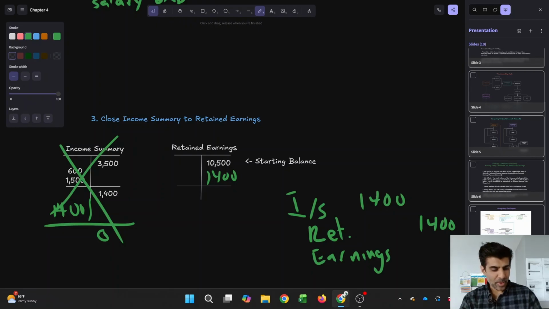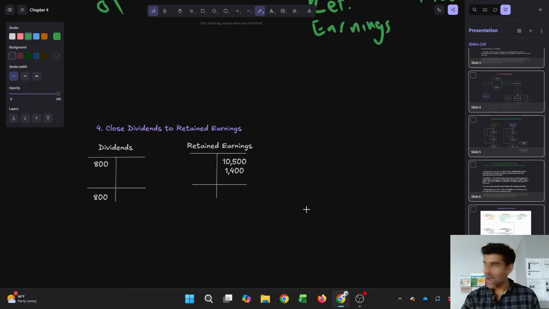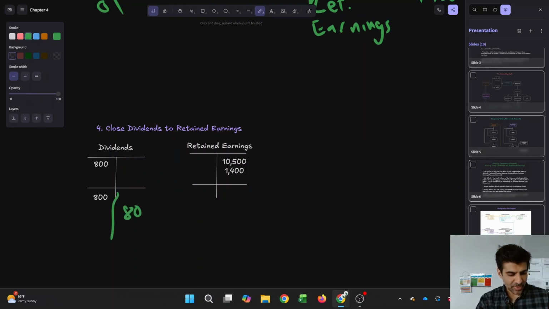So what is my balance now for retained earnings? 11,900, right? Credit. Now the final one, the fourth journal entry, is to close dividends. I will need to credit dividends 800 to get this to go to 0 and debit retained earnings.